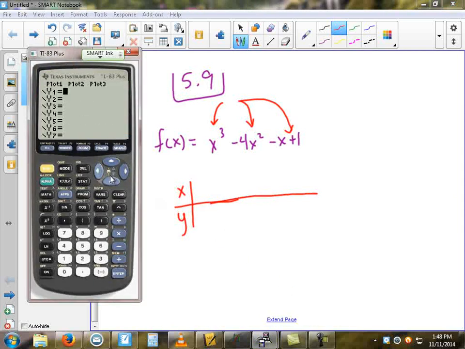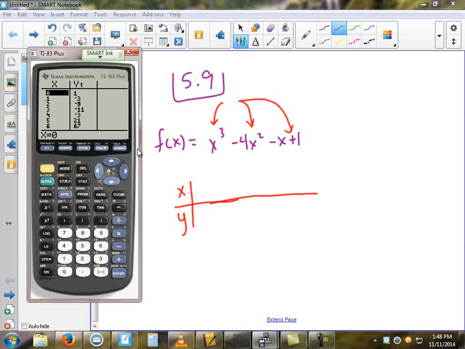I'm going to go to y equals, and type in x raised to the third minus 4x squared, or raised to the second, minus x plus 1. I don't even need to look at the graph necessarily, but what I'm really focused on is the table. So I look at this xy table.